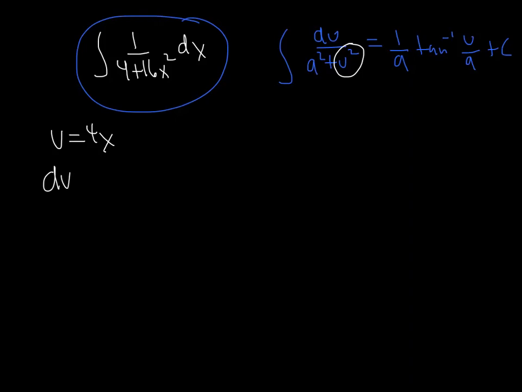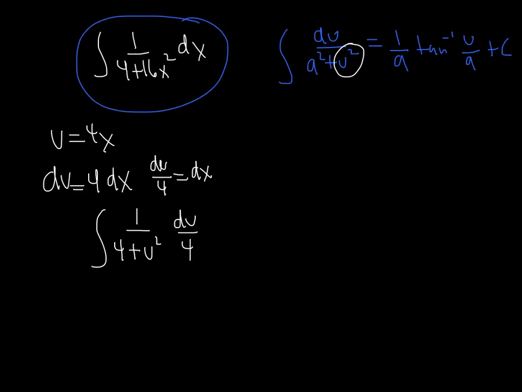So du is equal to 4 dx, and so we can rewrite this integral as the integral of 1 over 4 plus u squared, and we actually need to solve this for dx, so du over 4 equals dx. So dx is going to be du over 4. And this right here is a step that a lot of students will forget. They'll try to go straight from here to here and use the formula without going through this process here, and their answer is going to end up being off by a factor of 1/4. So make sure you get everything in terms of u.